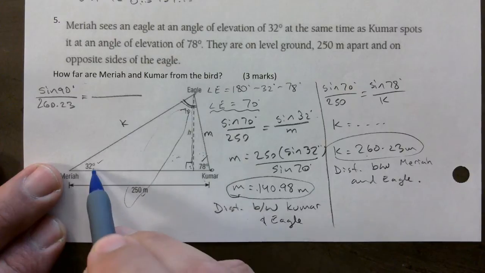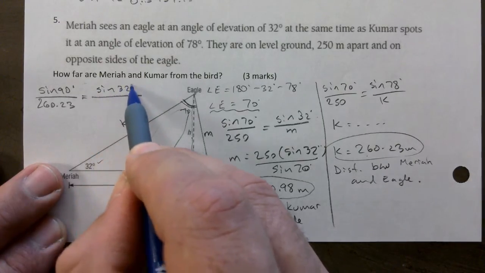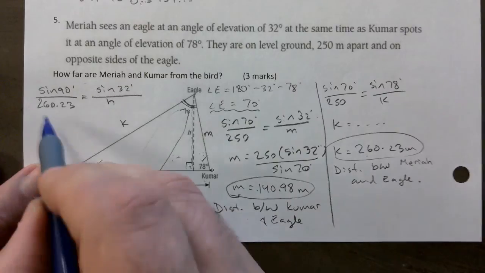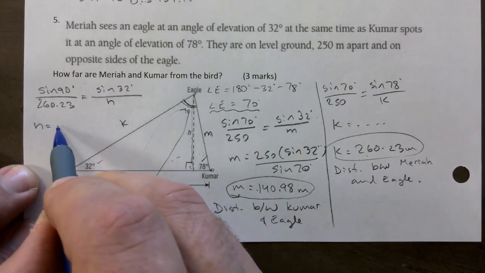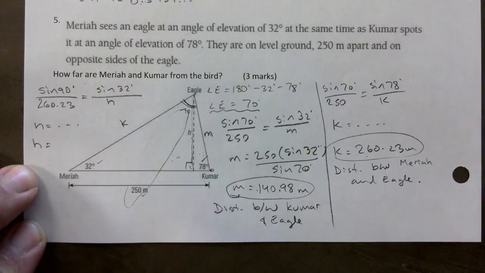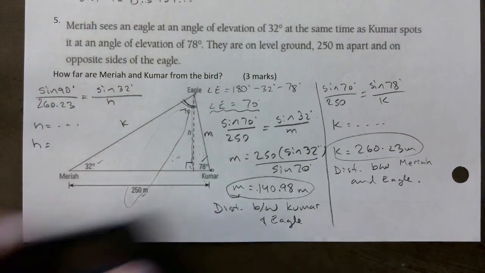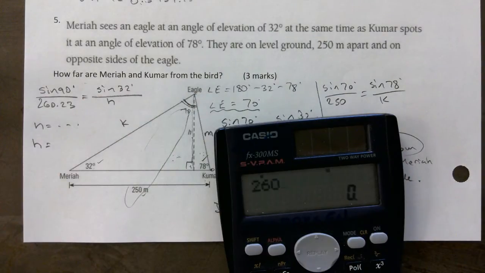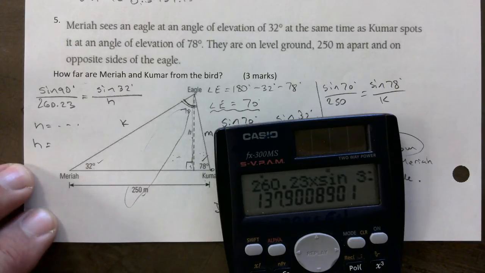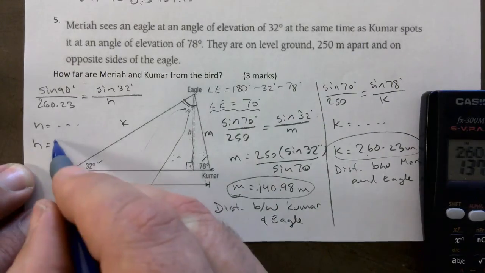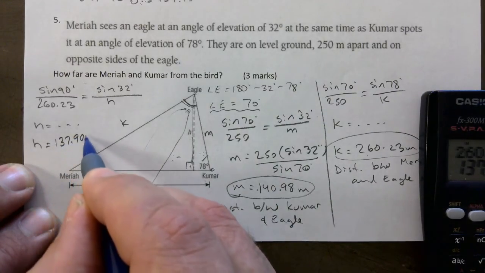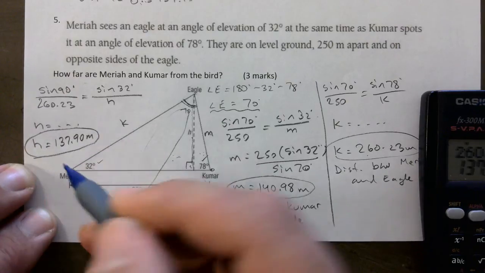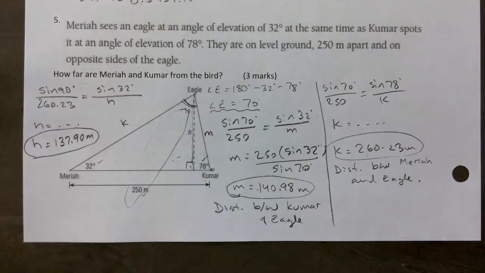And I'm going to go sine of 32 is going to give me H. So H, there's some work that you need to do. H is, I don't have that on my key, so I have to do this. That's 137.9. That is the actual height of the eagle, right? Above ground.